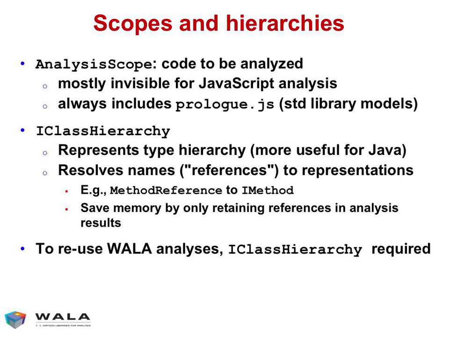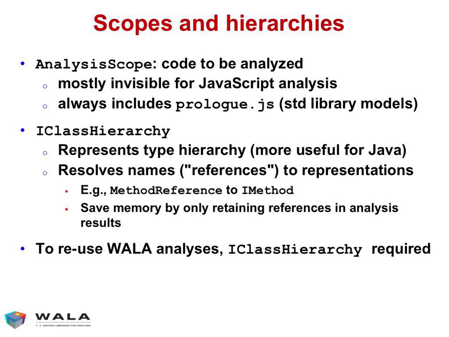I'll get into this more on the next chart, but this is separated so that a name for a method in Walla is a method reference, whereas the data constructor that actually holds information about it, like its code representation, is the I method. And the reason this is useful is because once you compute your analysis, you can represent all your results using just the references, and this allows all the other stuff to be garbage collected. So it can potentially save a lot of memory if you're doing a Walla analysis as the first phase of a bunch of other things.